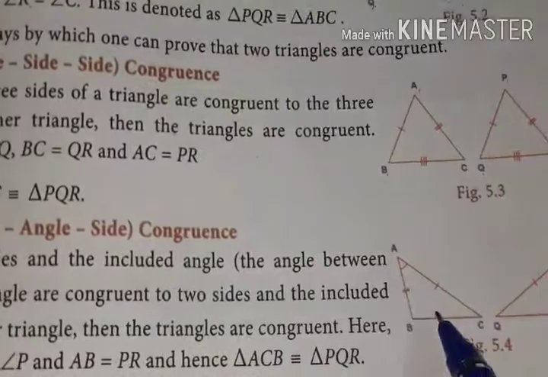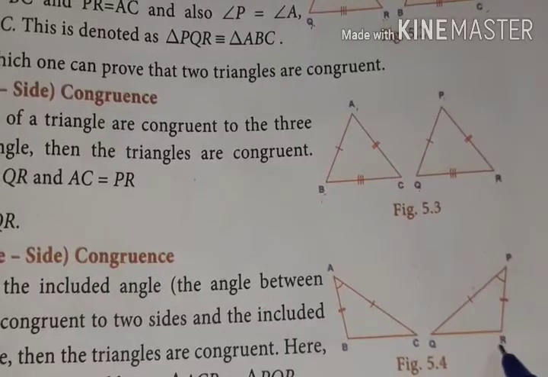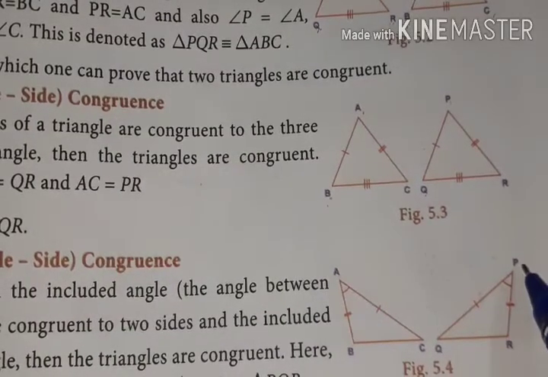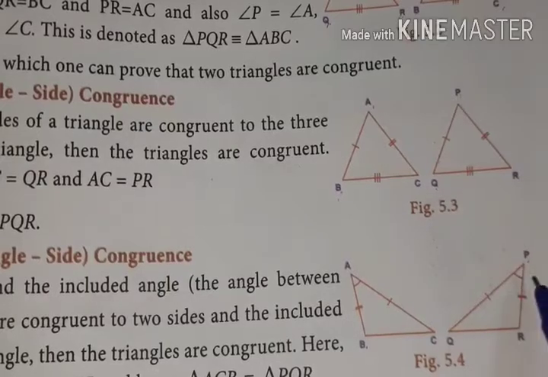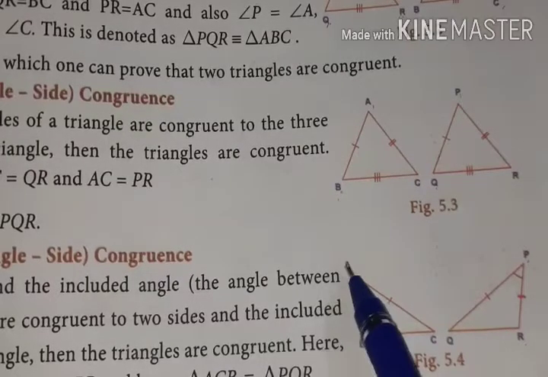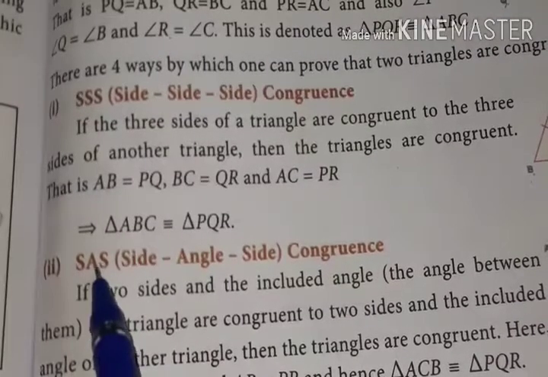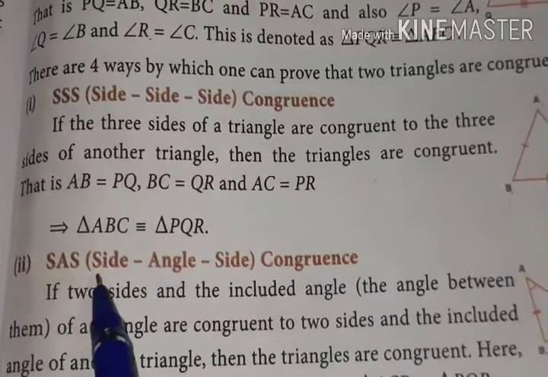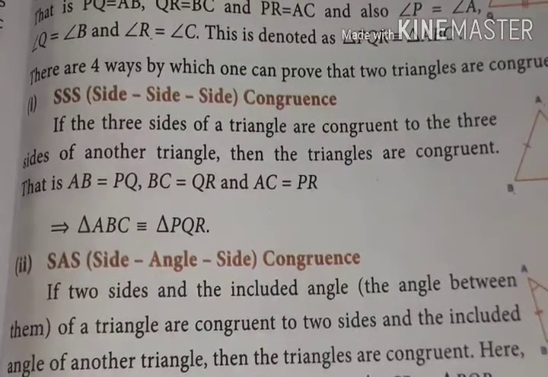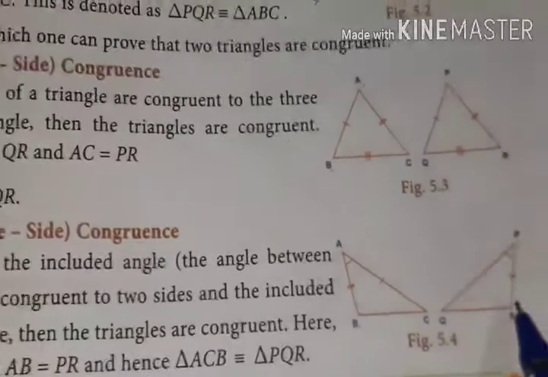See this example, ABC and PQR. Here angle A and angle P are equal, then side AB equals PQ, then the other side AC is equal to PR. This is the SAS test, side angle side congruence of triangles. So SAS means a triangle having two sides and one angle equal to another triangle.